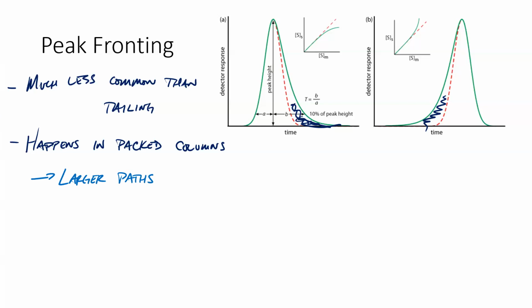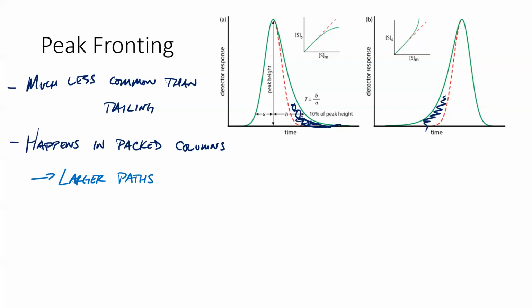Remember in GC, we talked about how GC has packed columns, but also has the open bore columns, and those are the more common, right? What we're doing is it's almost the exact opposite of that column deformation where it was blocked, right? This is still a column deformation, but it's now wide open.